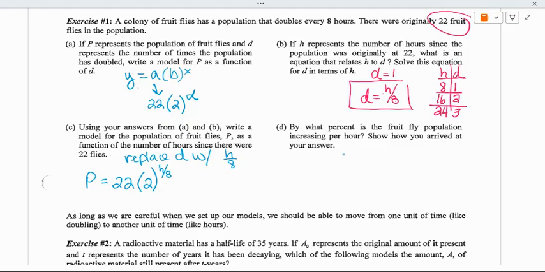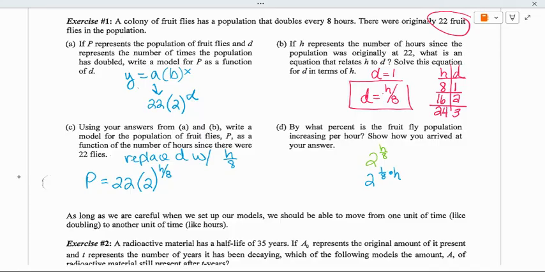So we need to look at simplifying the exponent piece. 2 to the power of H divided by 8 is the same thing as 2 to the power of 1/8 times H, right? Because when you have two exponents together, you multiply them. So H divided by 8 is the same thing as 1/8 of H.